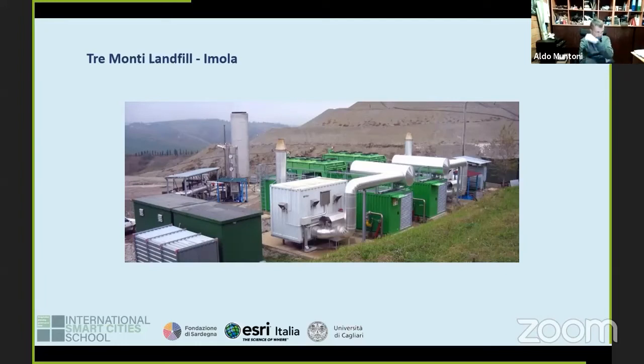Okay, so at that time, this was a very smart example of a good relationship between the landfill and the territory which was producing the waste to be landfilled. Because we were able to provide all the energy and all the heat which was necessary at the main hospital in Imola.